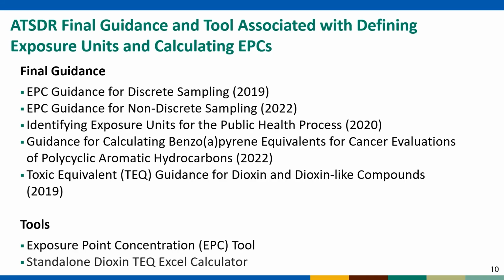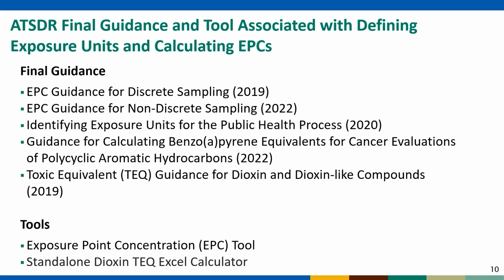Also, the guidance for identifying exposure units for the PHA process that we're covering today is available on the PHAGM resource page. ATSDR also has guidance available on the PHAGM resource page for evaluating how to determine an EPC if you're presented with sampling data developed from a non-discrete sampling approach.